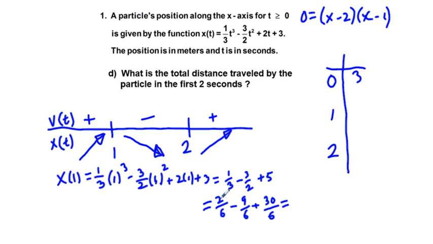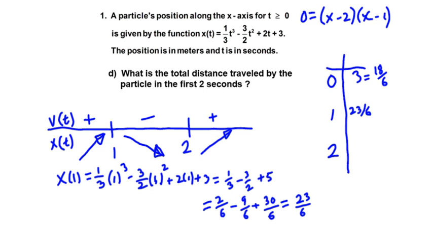So we're going to have 2 minus 9, which is negative 7, plus 30. Negative 7 plus 30 is 23 sixths. And 3 is going to be 18 sixths.